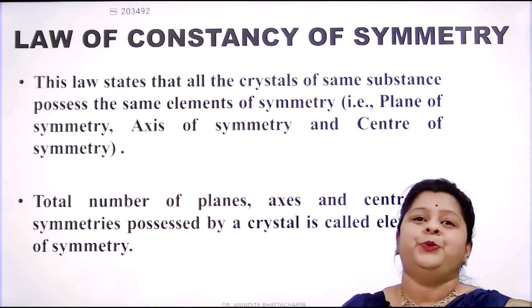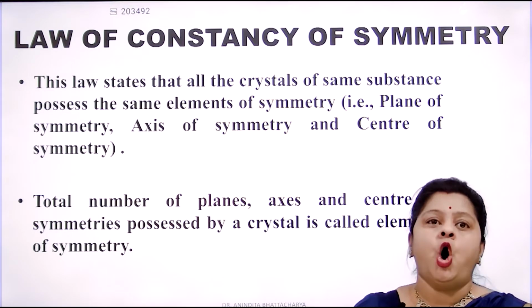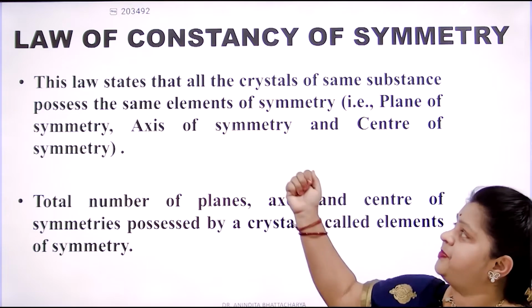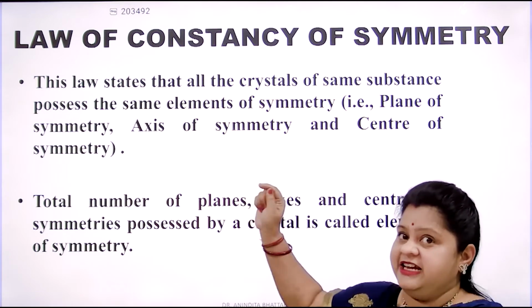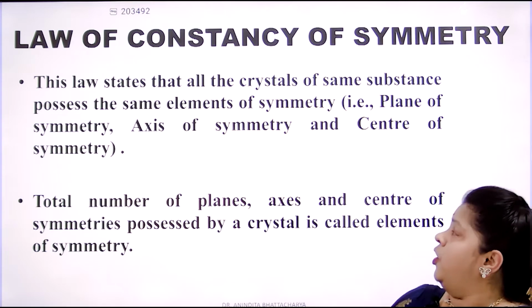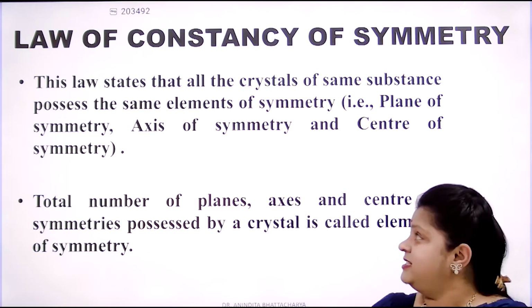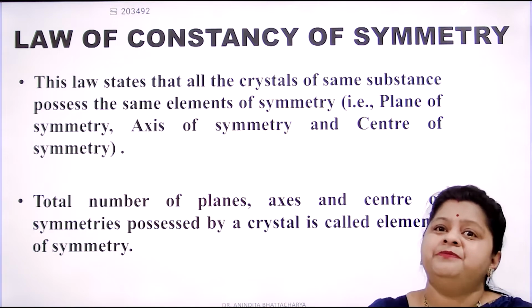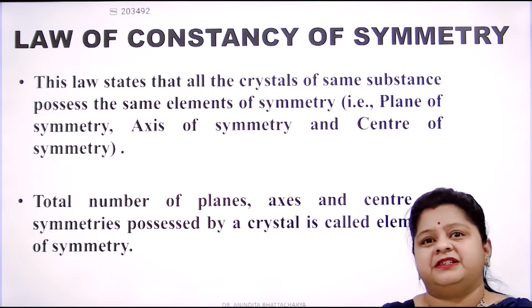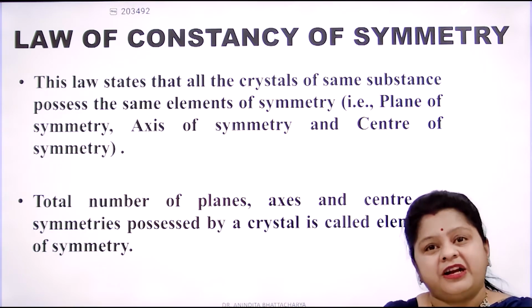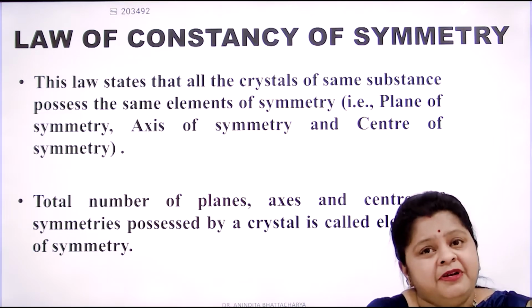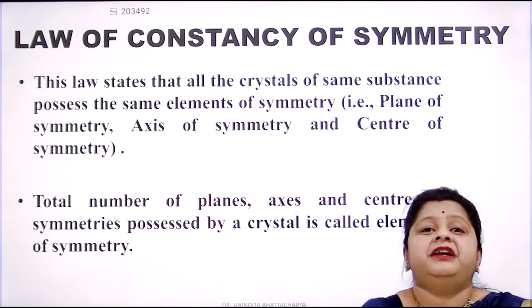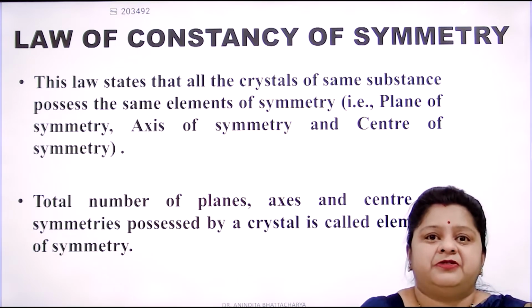Now the third law is the law of constancy of symmetry. This law states that all the crystals of the same element have the same symmetry properties. What are these symmetry elements? They are the plane of symmetry, axis of symmetry, and center of symmetry.